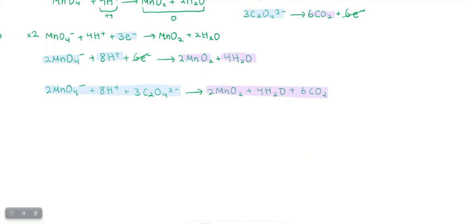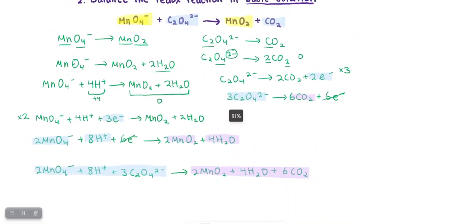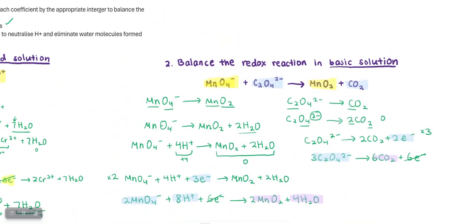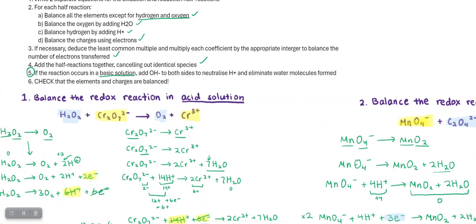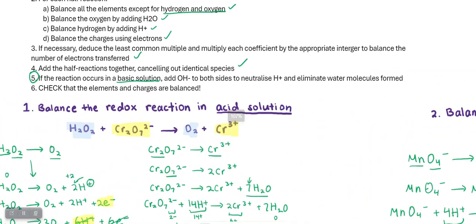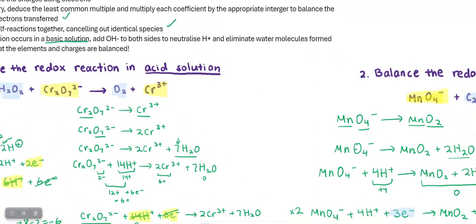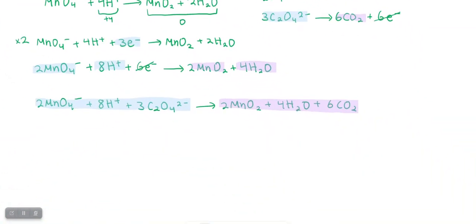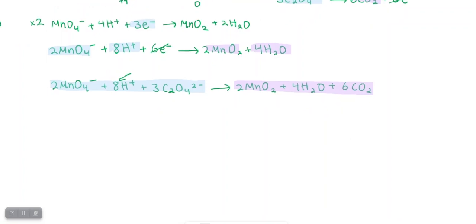So if this were in an acid solution, we would be done now, but it's in a basic solution. So we need to move on to step 5, which says we need to add OH- to both sides to neutralize the H+. So if we're looking here, we have 8H+. So this means we need to add 8 hydroxides onto both sides.